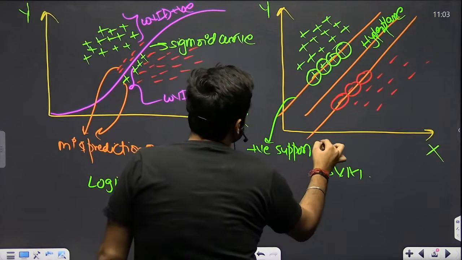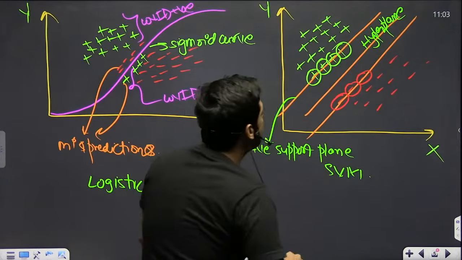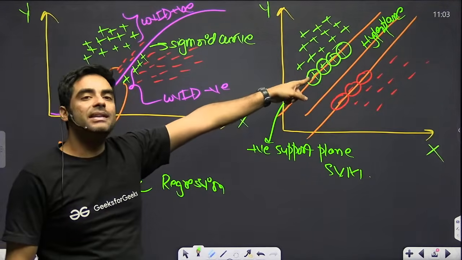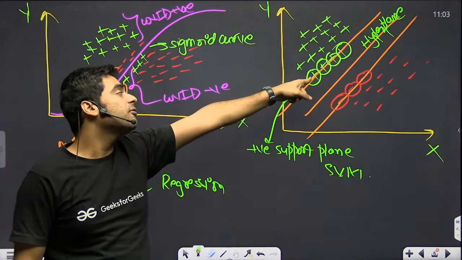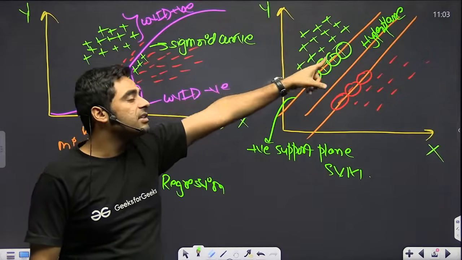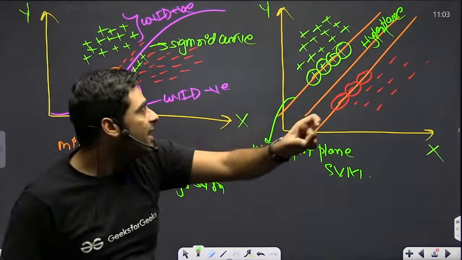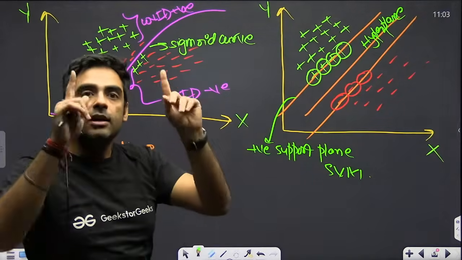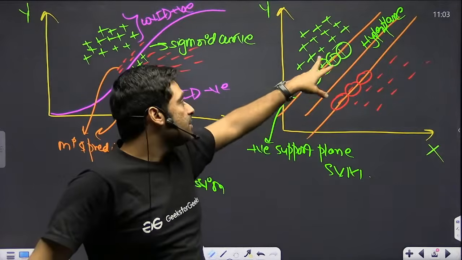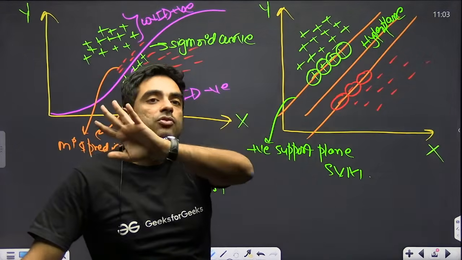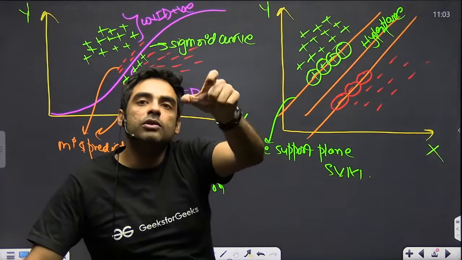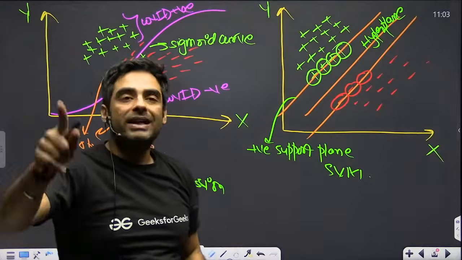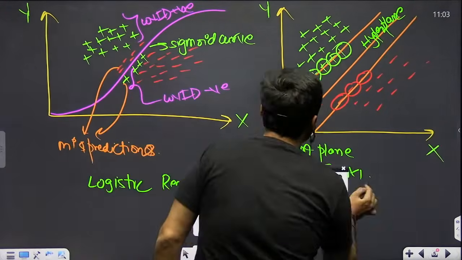Why positive support vector plane? Please try to remember this: the plane that passes through the nearest positive point of the positive class is known as a positive support vector plane, and these 4 points are known as positive support vectors. Firstly, I would like to make this very clear: support vectors can be more than one. There is no guarantee that we'll have only 1 or 2 or 3 or 4 support vectors; there can be any number. So what are support vectors?